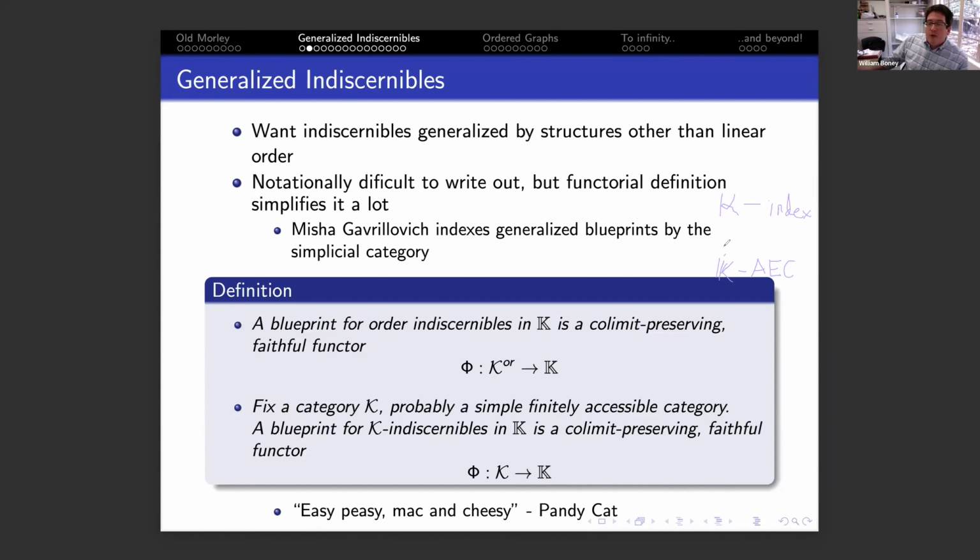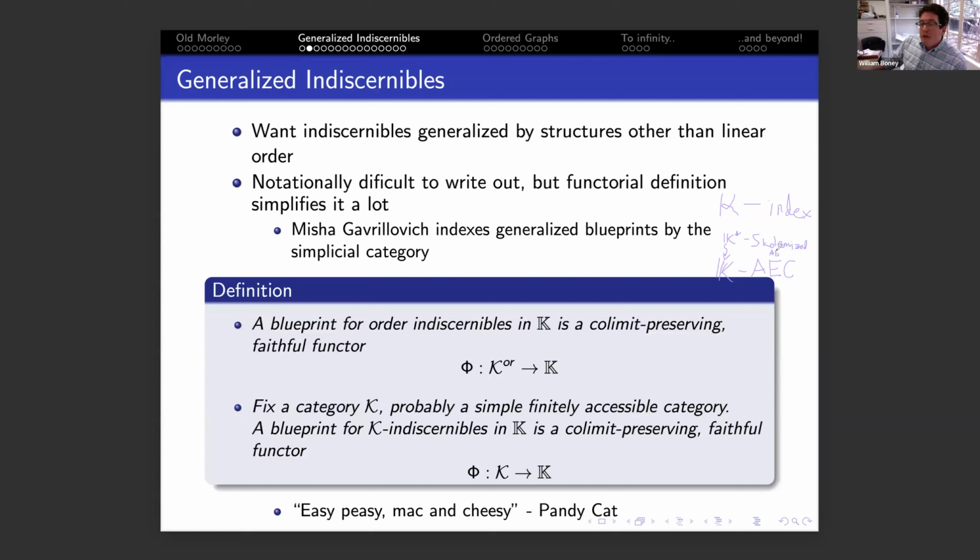So in script K, I should pretend to be a combinatorialist, and I should pretend to be a model theorist in boldface K. Exactly. And so your AEC is mediated by some Skolemized version of your AEC.